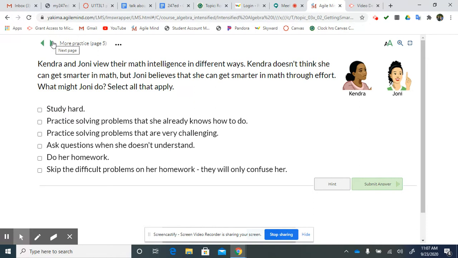Okay, for number 5, Kendra and Joni view their math intelligence in different ways. Kendra doesn't think she can get smarter in math, but Joni believes that she can get smarter in math through effort. What might Joni do? Select all that apply.